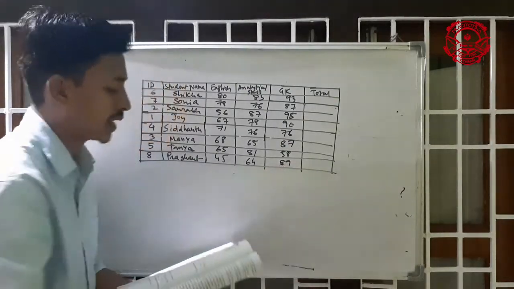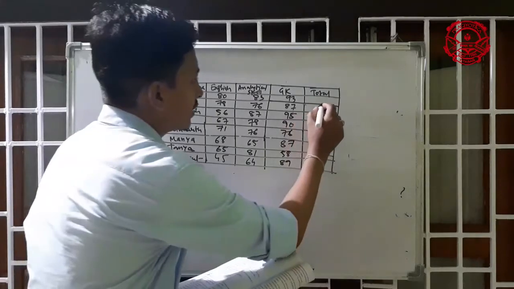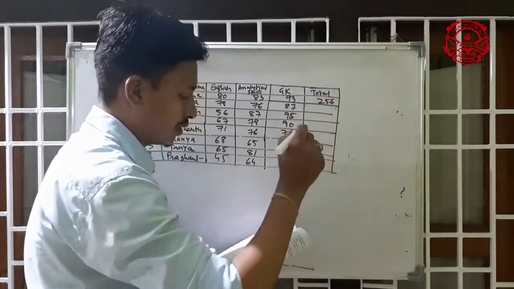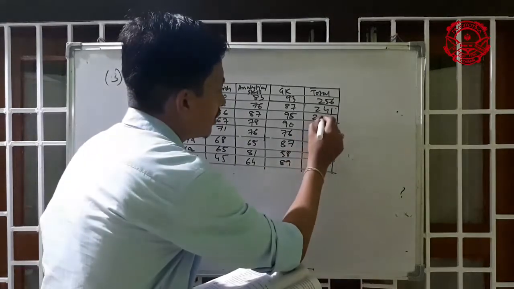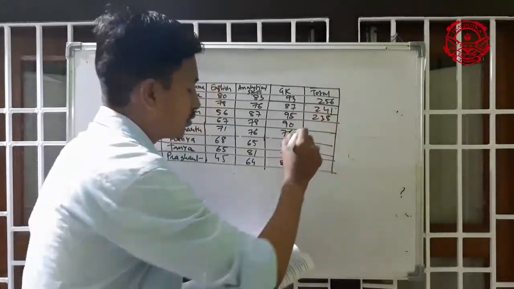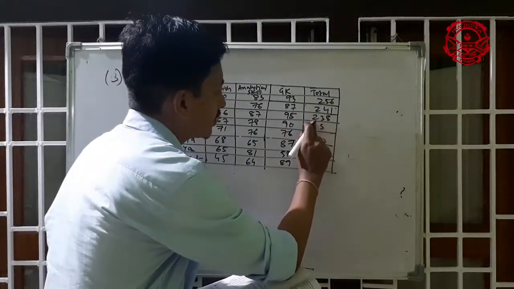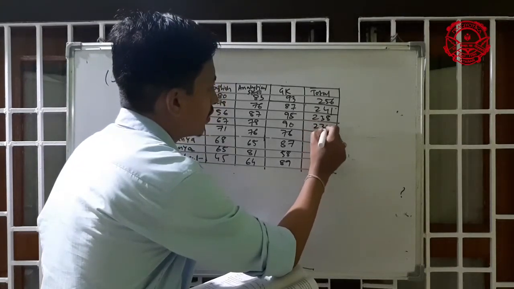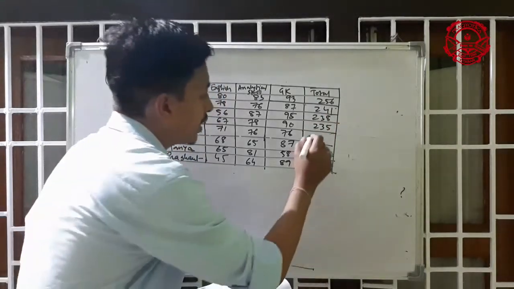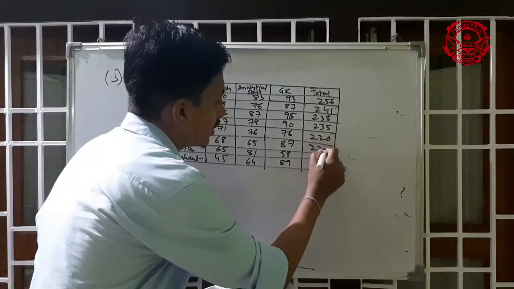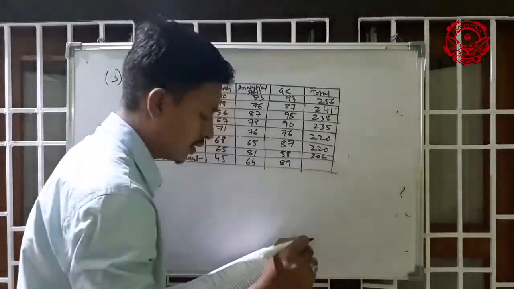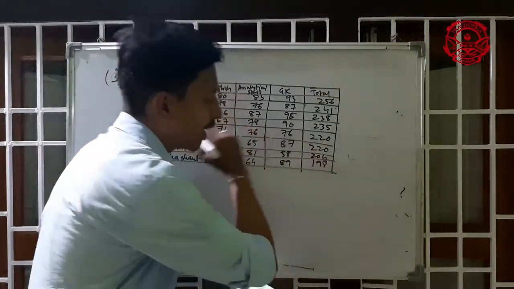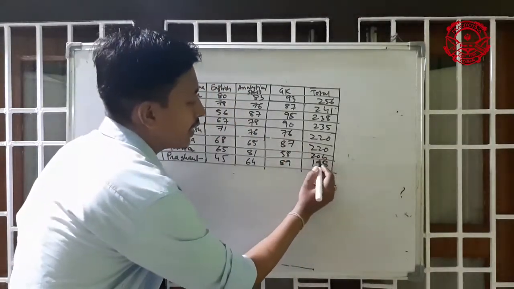Total again: 256, 241, 238, 235, 220, 220, 204 and 198.